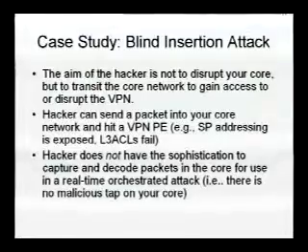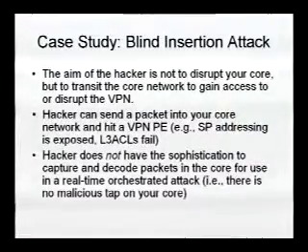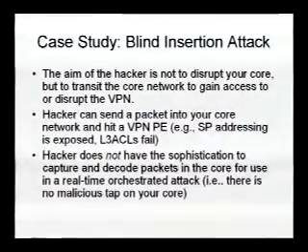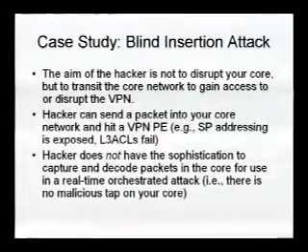So a little bit more about this blind insertion attack case study. The aim of the hacker is not to disrupt your core. In fact, he doesn't even want to be detected on your core. He just wants to use it to send a few packets and hit a PE and trick you into sending packets into the customer VPN.